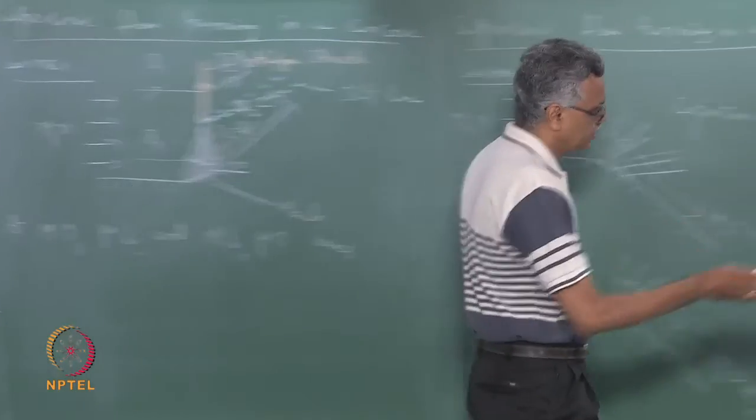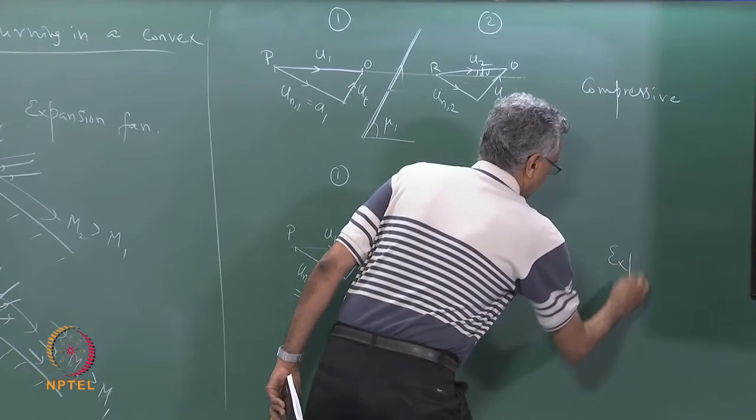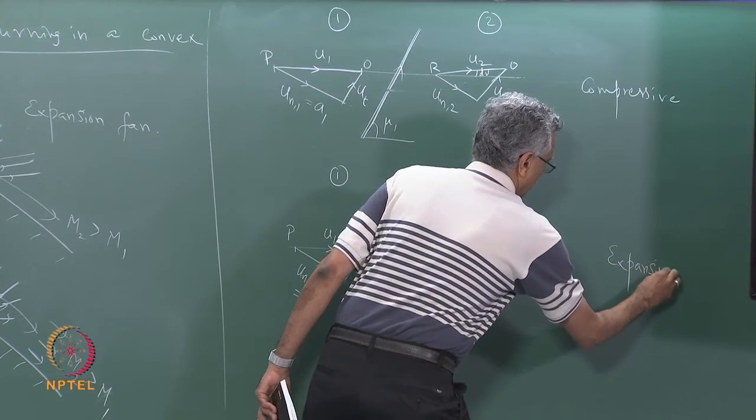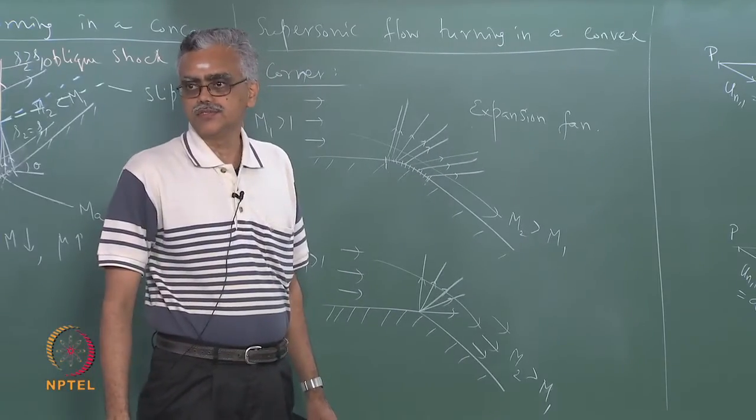Now after passing through the wave, this is an expansive solution, so let me write it here. This is an expansive solution. So after passing through the wave, UN1 increases, right.